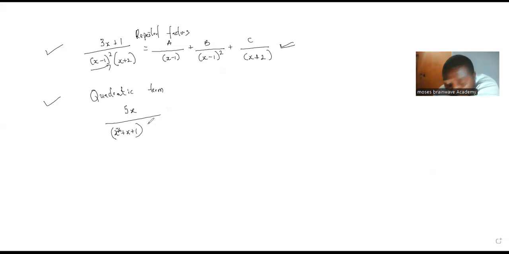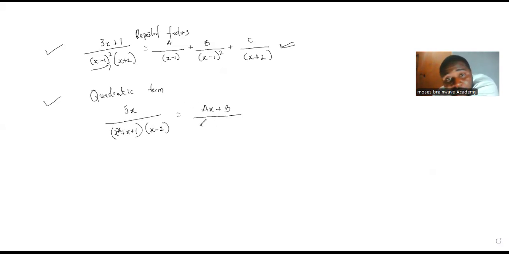This is squared. Then we have x minus 2. If there's a quadratic term, then the numerator automatically becomes Ax plus B, right? This has a quadratic term.